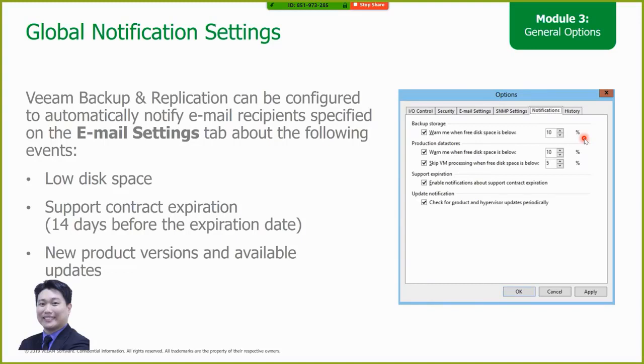When you start a backup job, it will calculate the space required for the backup job, and if your repository for any reason is below a certain free space, the job will fail. So this percentage can be changed to suit your infrastructure environment.